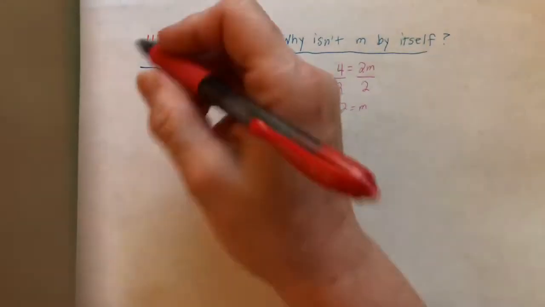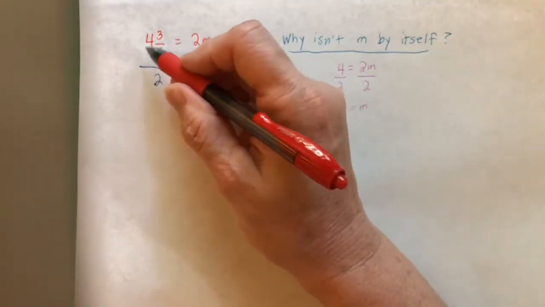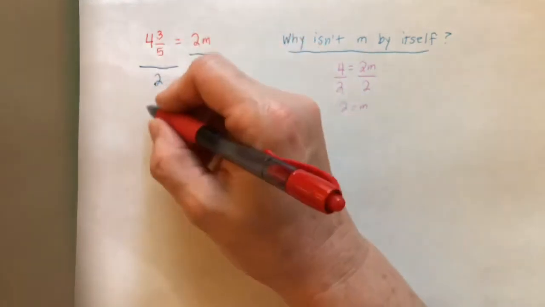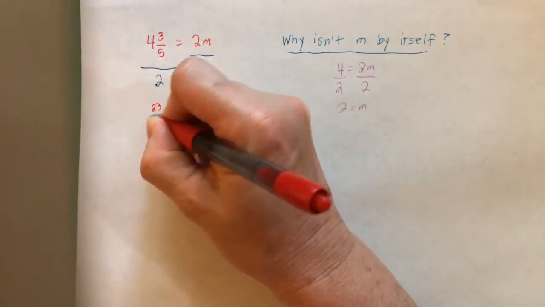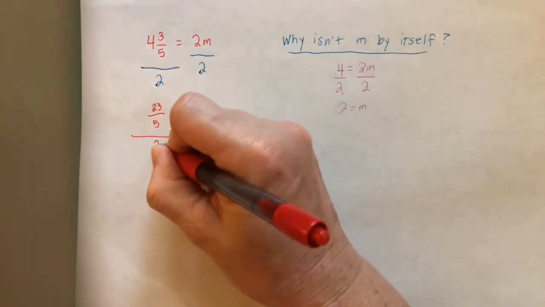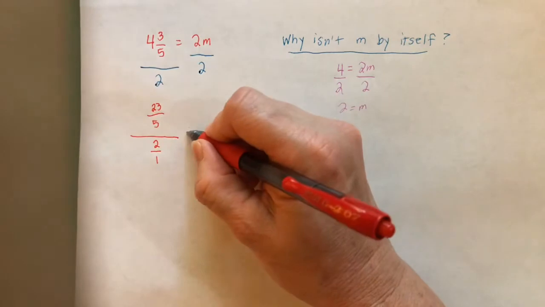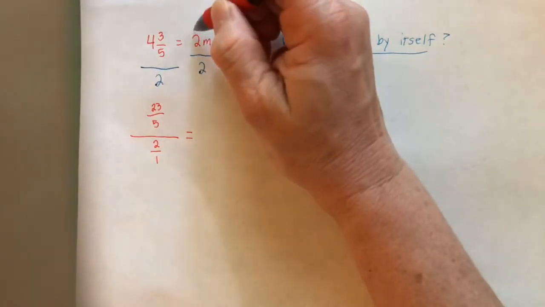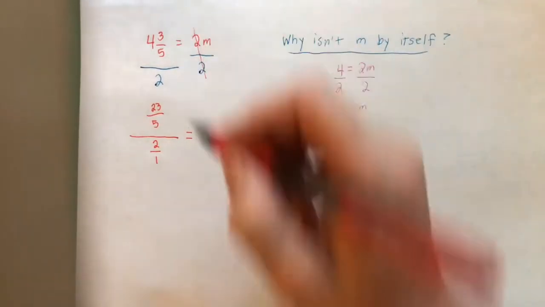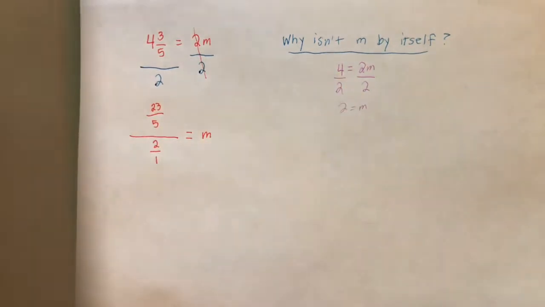Okay? So if I'm going to do that, I'm going to, in my next step, put my improper fractions. So I'll get 23 over 5, all divided by 2 over 1. And here, these 2 divided by 2 is 1. I can take that out. And so I have this.